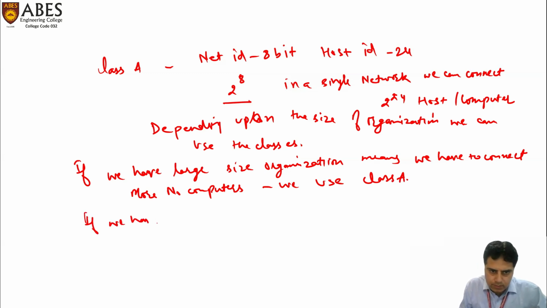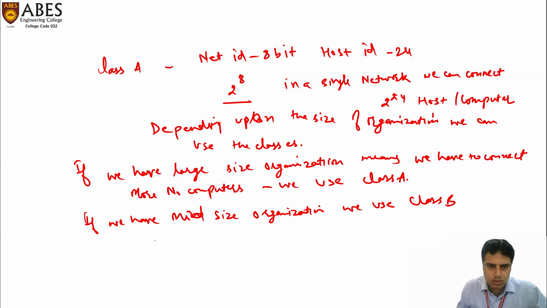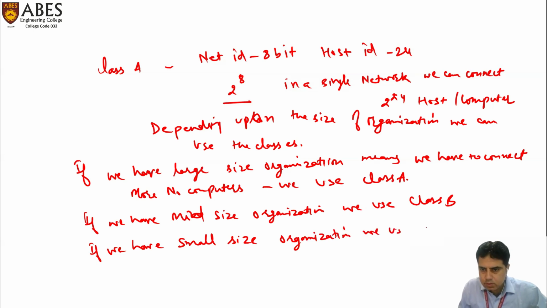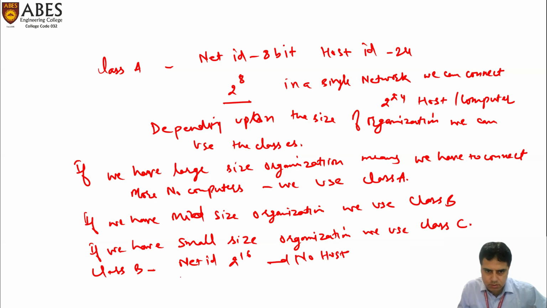If we have a mid-size organization, we use class B. And if we have a small size organization, we use class C. So for class B, the network ID is of 2 raised to the power 16, and the number of hosts we can connect in one network is 2 raised to the power 16.